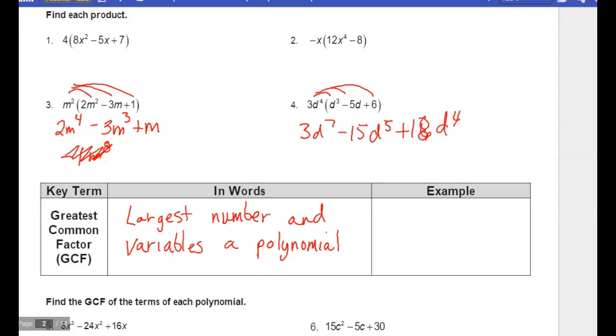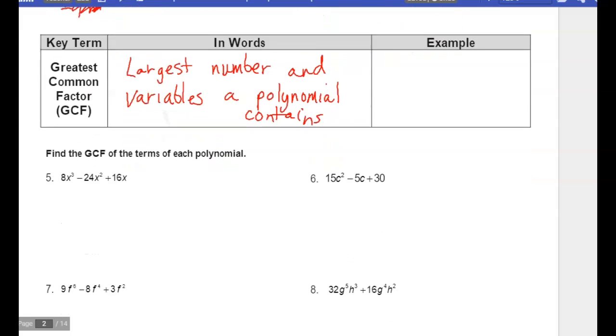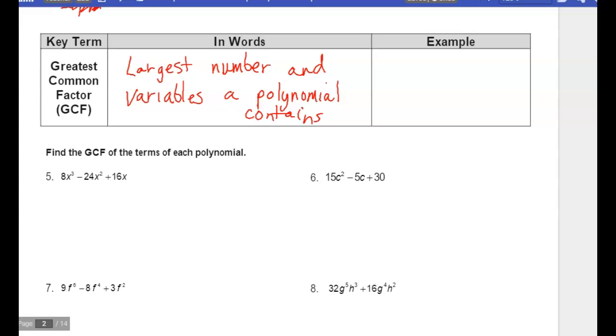A polynomial contains the largest number and variables. I'm going to skip the example part because we're just going to do 4 of them down here. So we really wanted to be specific on how we do these.